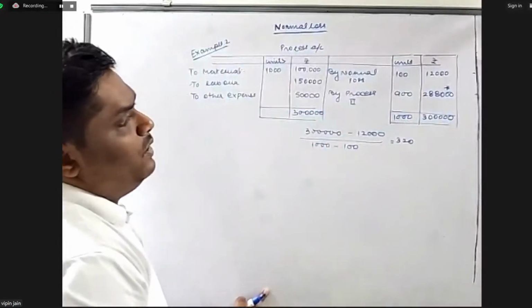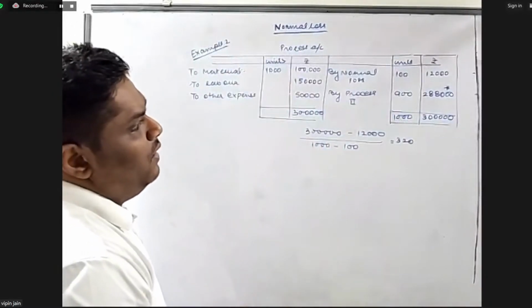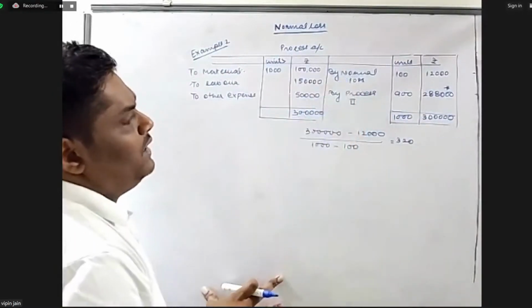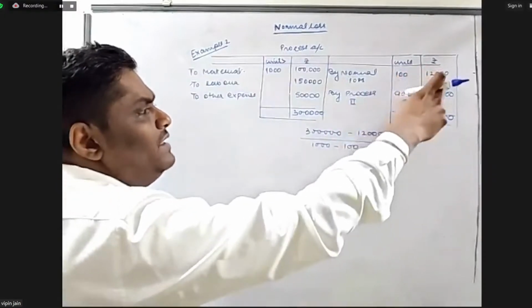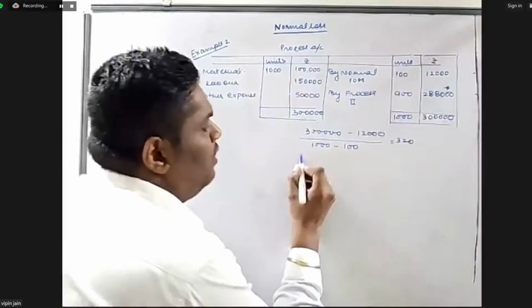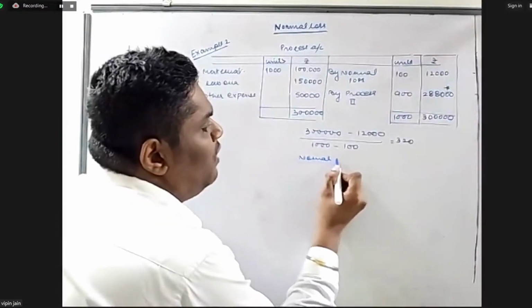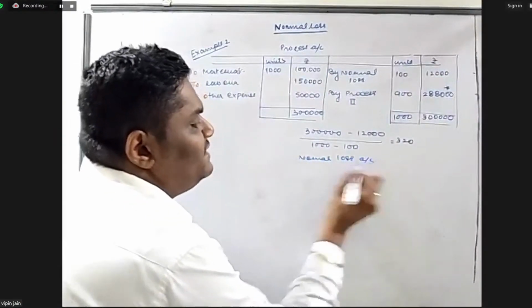So this is how the normal loss will be dealt with in the process account, wherein it will be shown on the credit side of the process account, that is units in normal loss and the scrap value. Now, how to prepare the normal loss account? It's very simple.